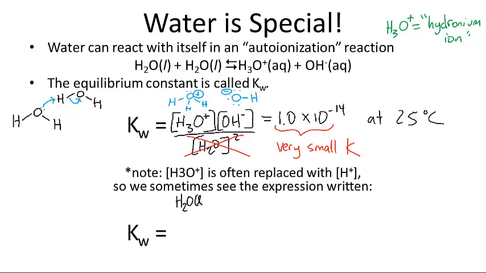H2O breaks into H plus and OH minus. So then we would write Kw as concentration of H plus times concentration of OH minus. It's just shorter to write.